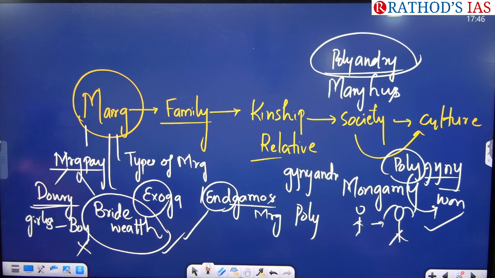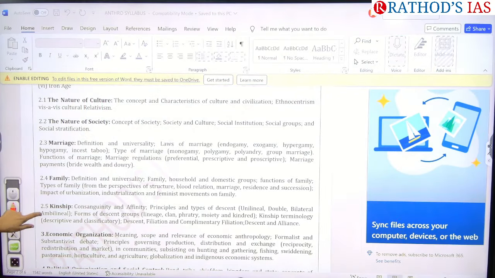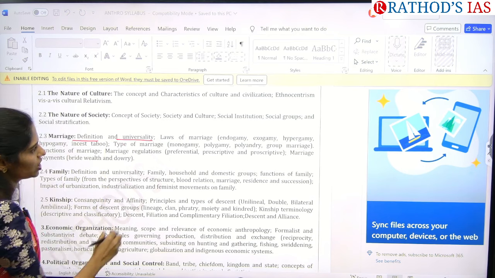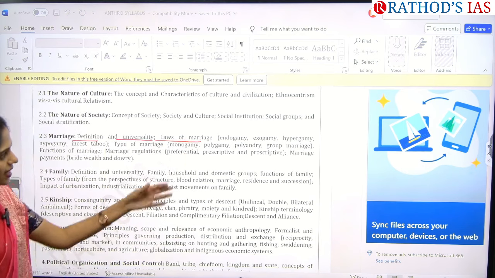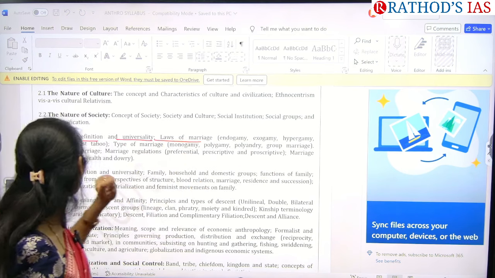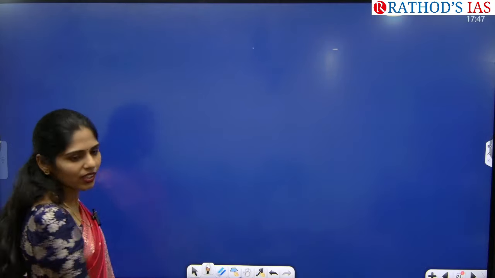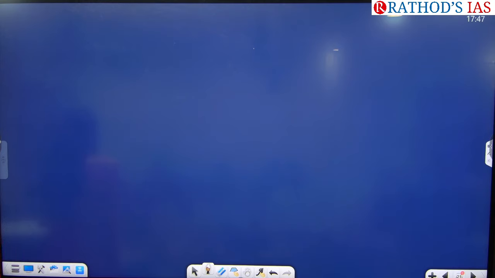Okay, so what are the things that other than this comes into your mind? Okay, go to your syllabus, open your syllabus. You have to see definition and universality of marriage and laws of marriage. As I said, endogamy, exogamy, hypergamy, one concept I missed. Okay, so what about this intercaste marriage?